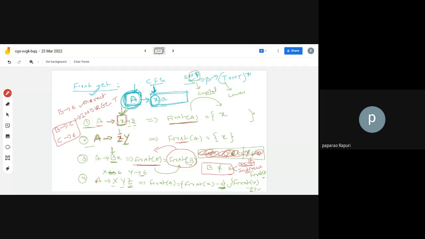And coming to another case, there is a production A derives x, y, z.